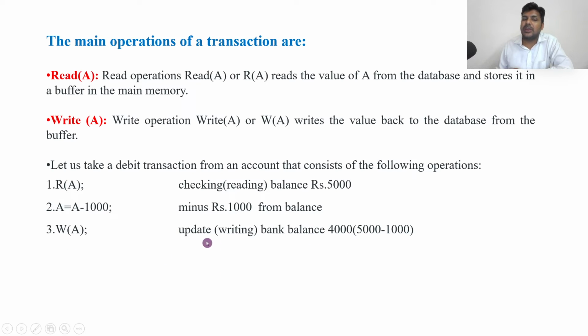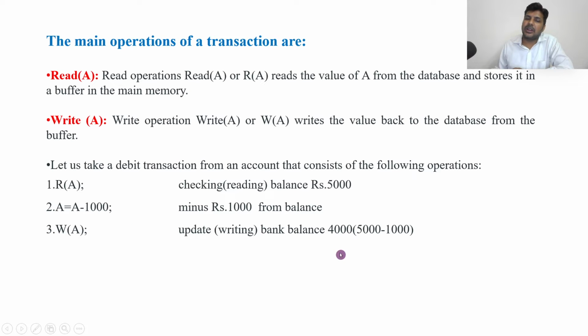So it will update the bank balance as 4000. Why? Because 5000 minus 1000 is 4000, right? So this is how we perform read and write operations. Read operation takes the data from the database and stores it in the buffer. Write operation stores whatever changes are done in the buffer into the database.